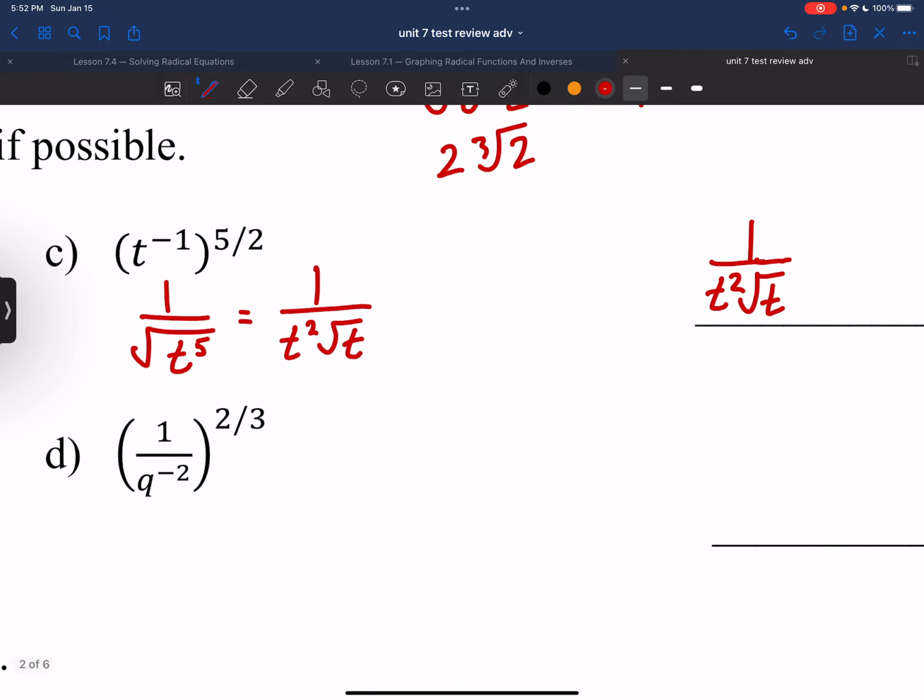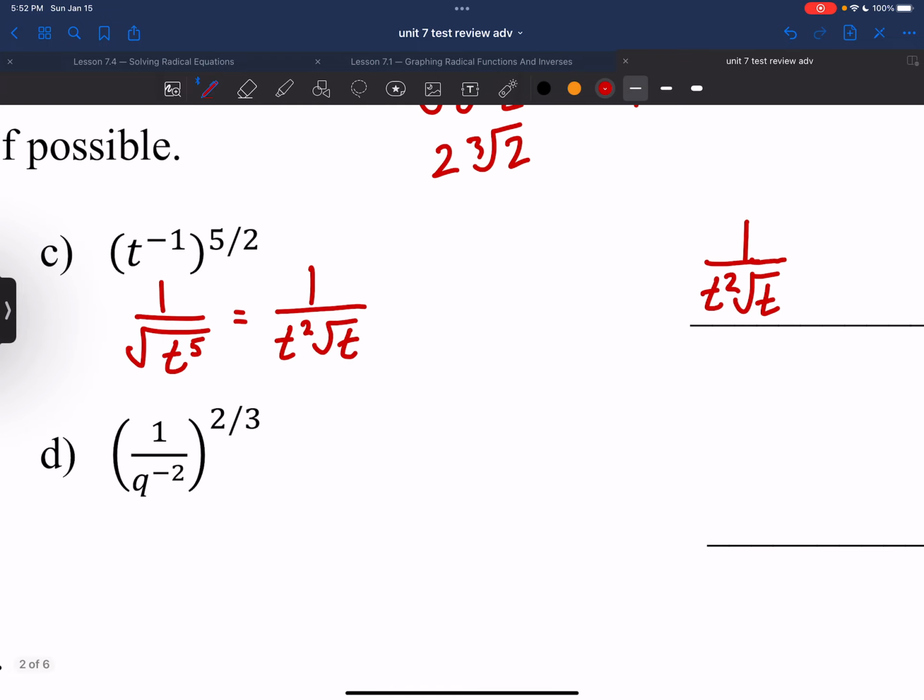And you say, how did you get that, Mr. Spake? t to the 5 is t to the 4 plus 1. So if this is 5/2, 4/2, 1/2, right? Then it's t squared times t to the 1/2, which is your t squared root t. That's what I'm doing there, okay?